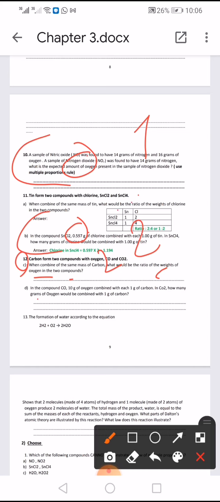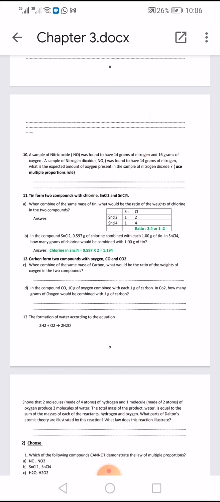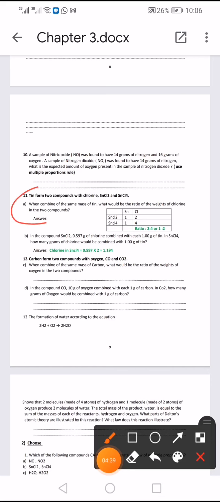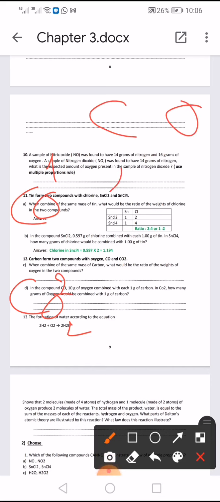In the compound carbon monoxide, we have 10 grams of oxygen combined with 1 gram of carbon. In carbon monoxide and carbon dioxide, the amount of carbon is 1 gram here and also 1 gram here.